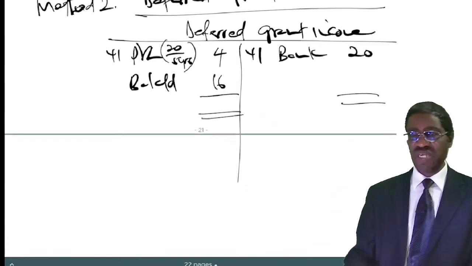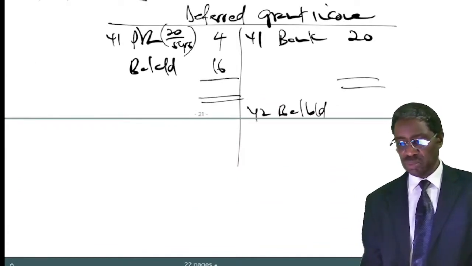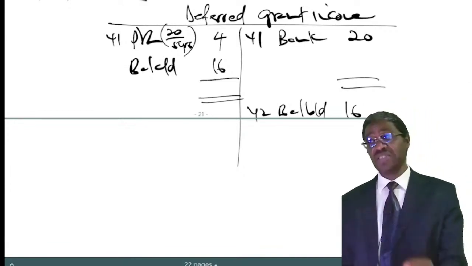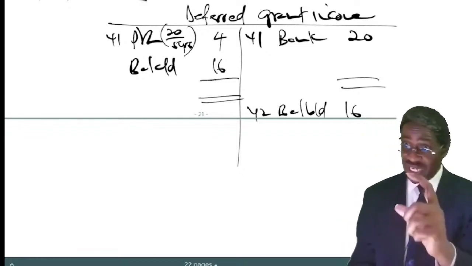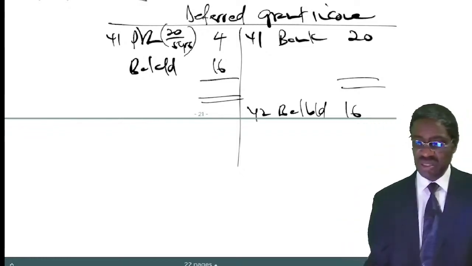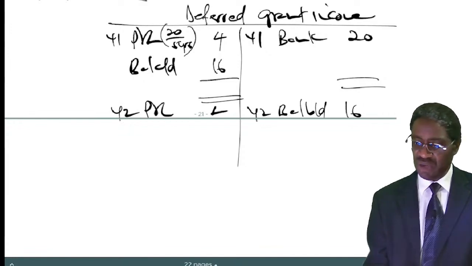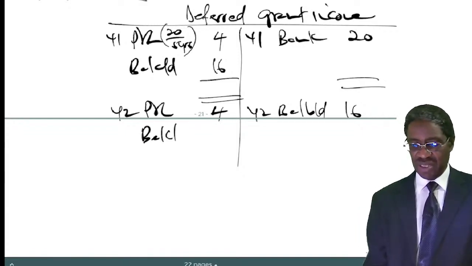Bring it down by the beginning of year 2. That is 16. Then you transfer again this second year to the P&L account another 4 million. Come and see year 2, P&L account, another 4 million. How much are you carrying down as a liability? Balance carried down looks like 12.